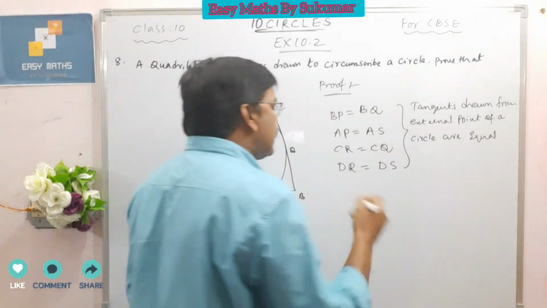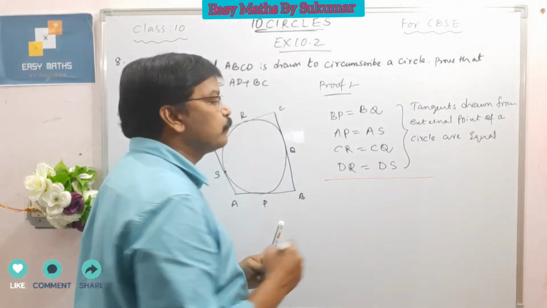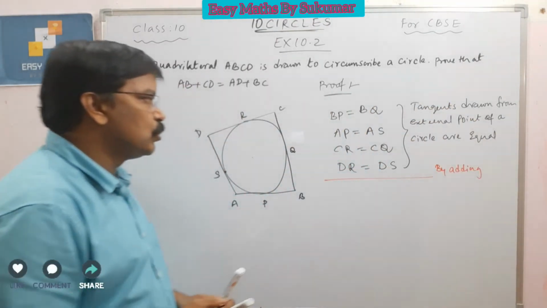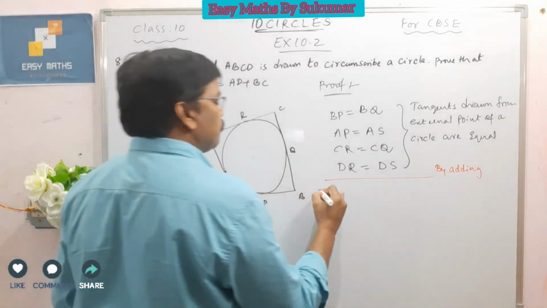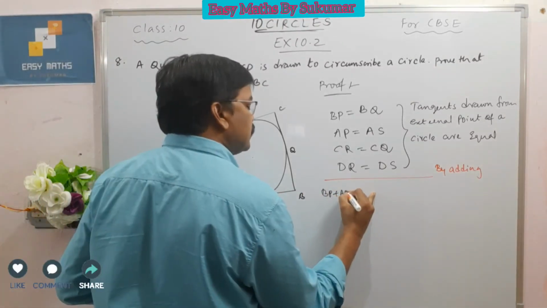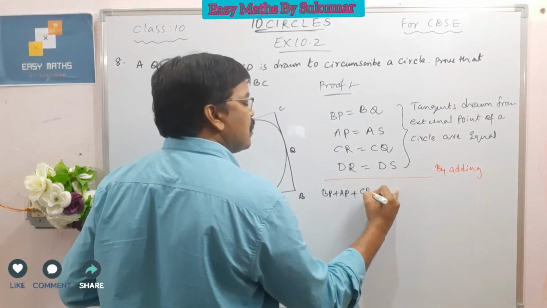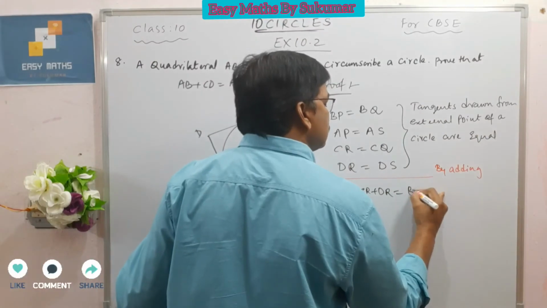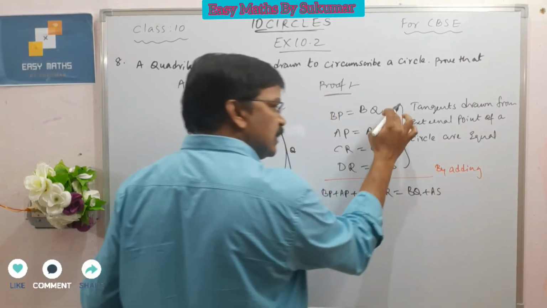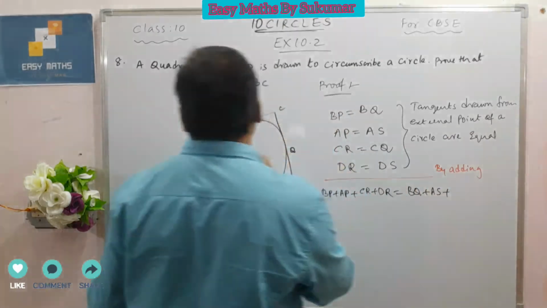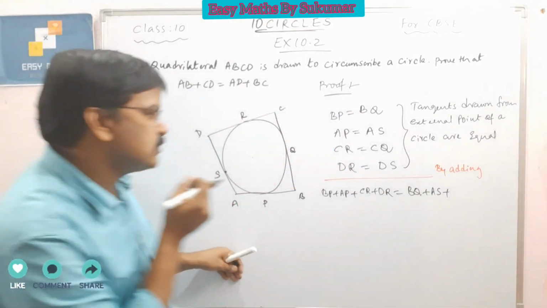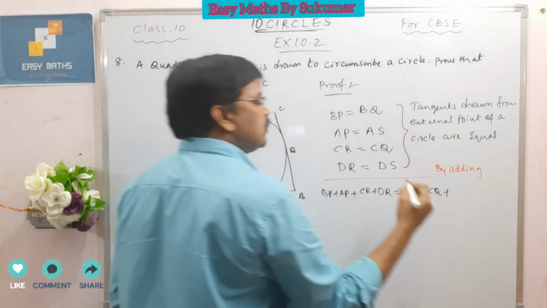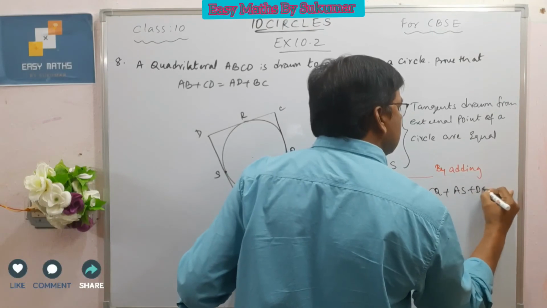Now by adding these four equations, look, BP plus AP plus CR plus DR is equal to BQ plus CQ plus AS plus DS.